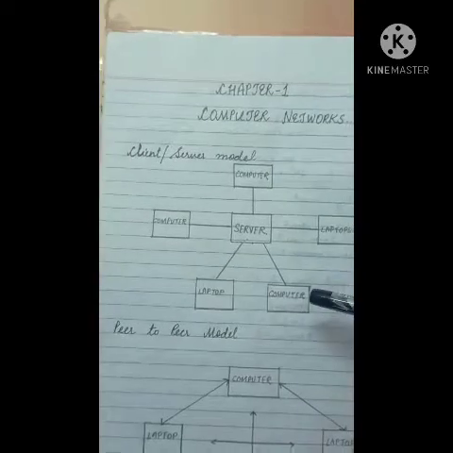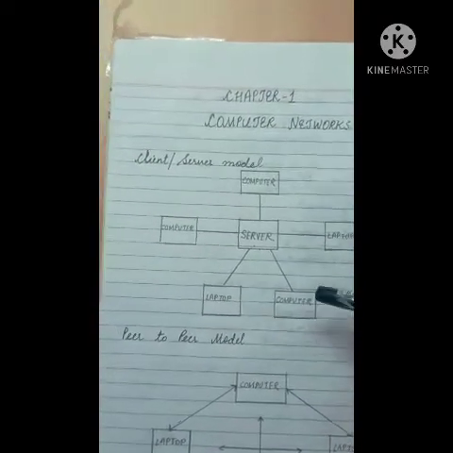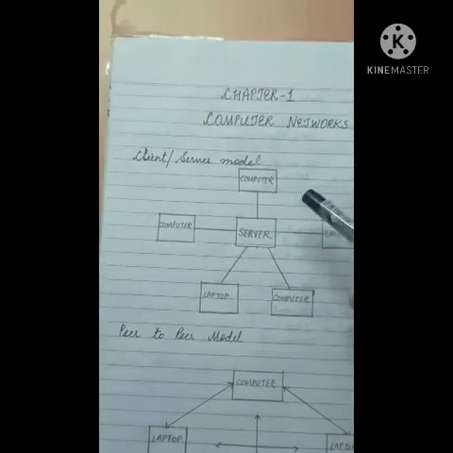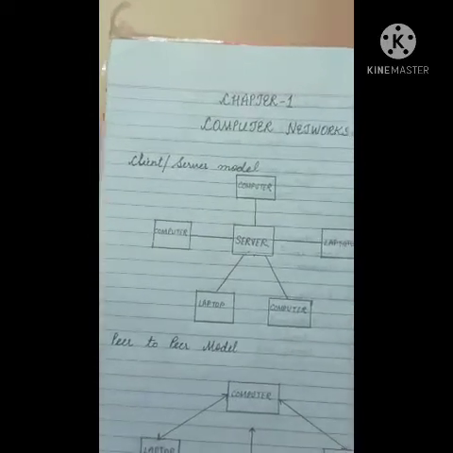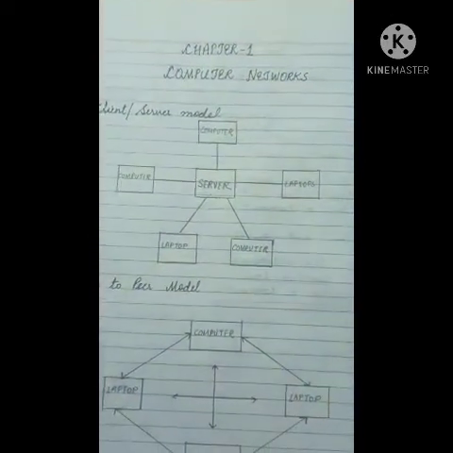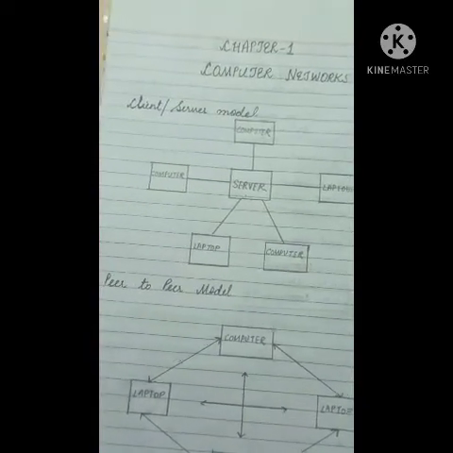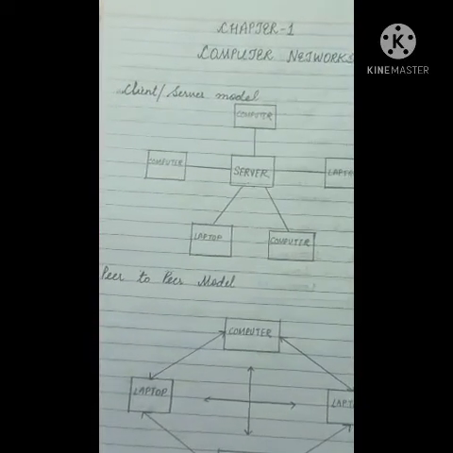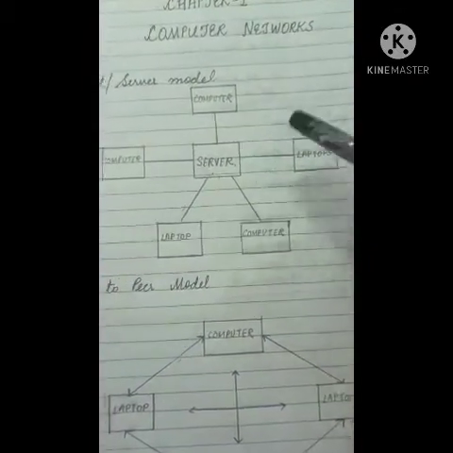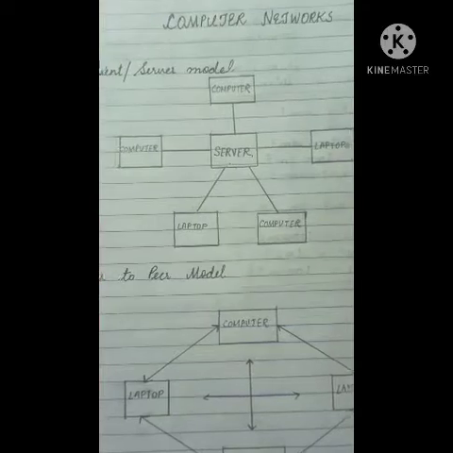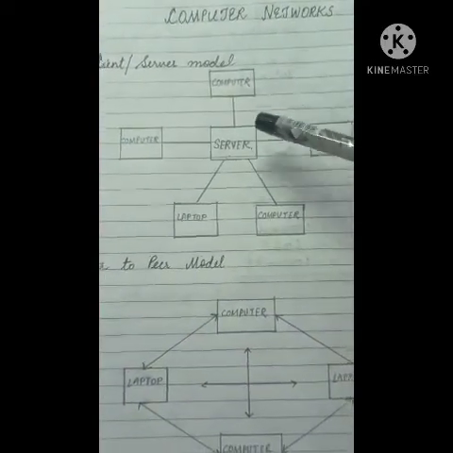These are all the clients, and these computers contact the server and request to use data and share its other resources. We can simply say that the computers that request information are called clients, and the computer that provides information is called the server. Clear? So these are the clients and this is the server.